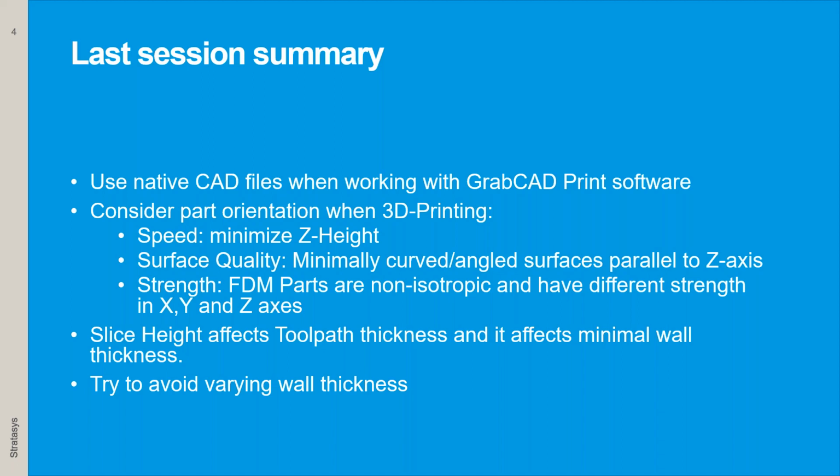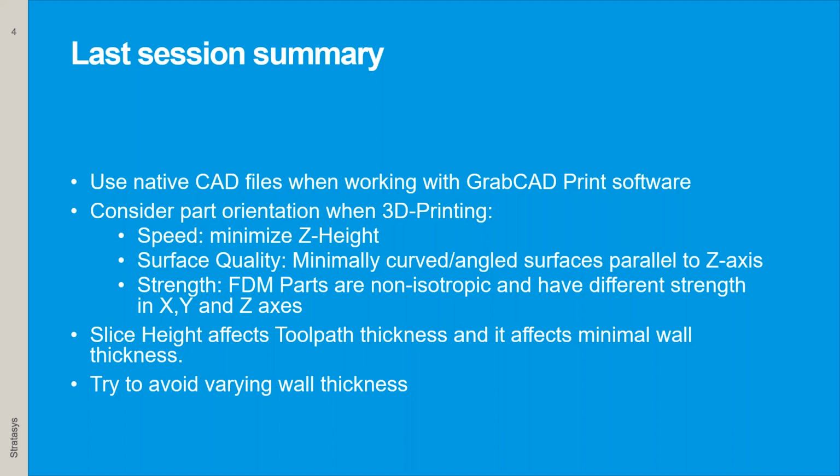And the last part we talked about on part orientation was strength, meaning that the strength of the part is different across the different axes, X, Y, and Z, because FDM parts are non-isotropic. So, depending on the application of the part you want to produce, there may be a trade-off between speed, surface quality, or strength, to get the best results.